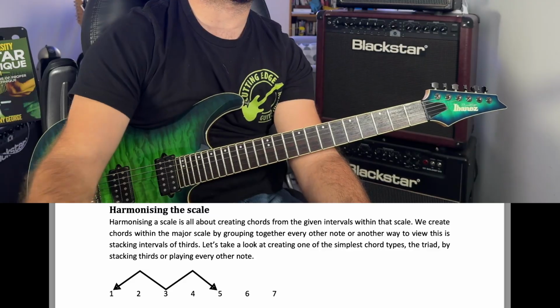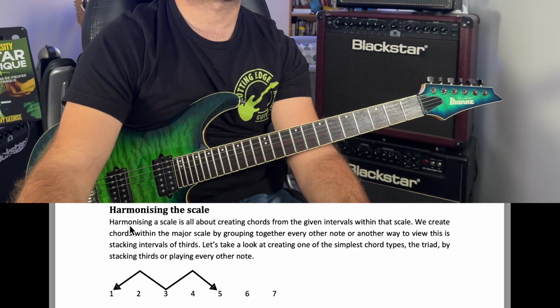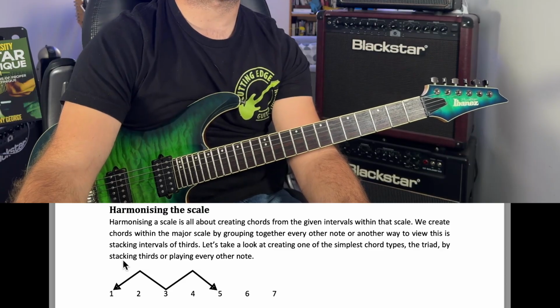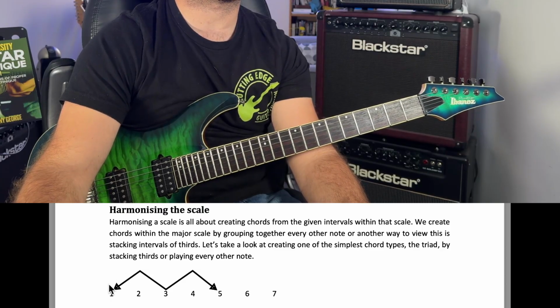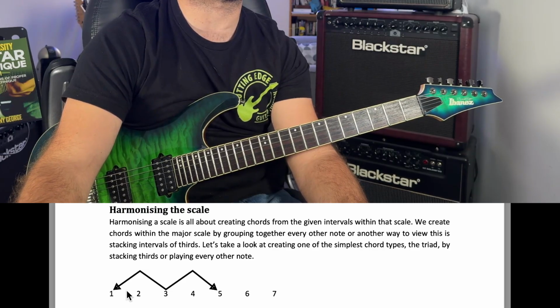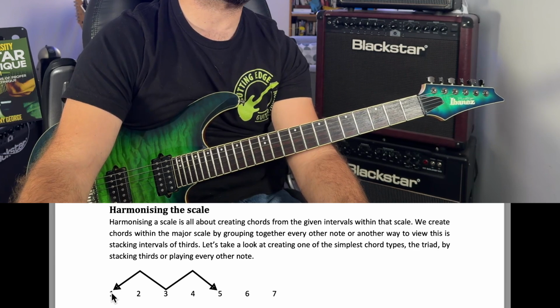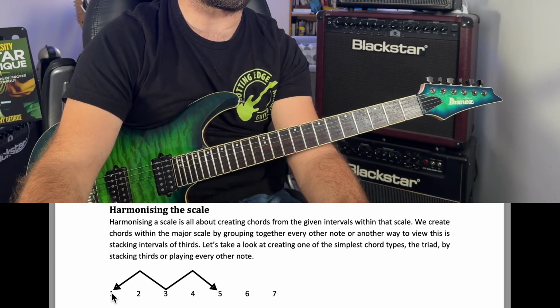And basically how this works is you're going to look at stacking thirds, okay? So on the diagram here you can see I've got a root note, number 1 of the major scale. So these numbers 1, 2, 3, 4, 5, 6, 7, they represent the major scale. So this would work in absolutely any key, okay?